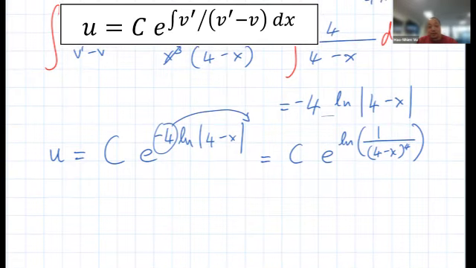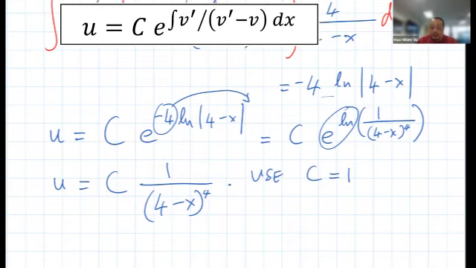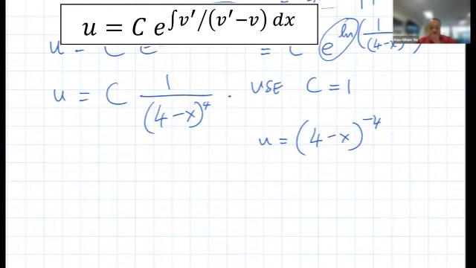And now the e to the power and the ln cancel. I have my u as c times 1 over 4 minus x to the 4th. And let's say that I use c equals 1 to make it simple. Then u is equal to 4 minus x to the negative 4.